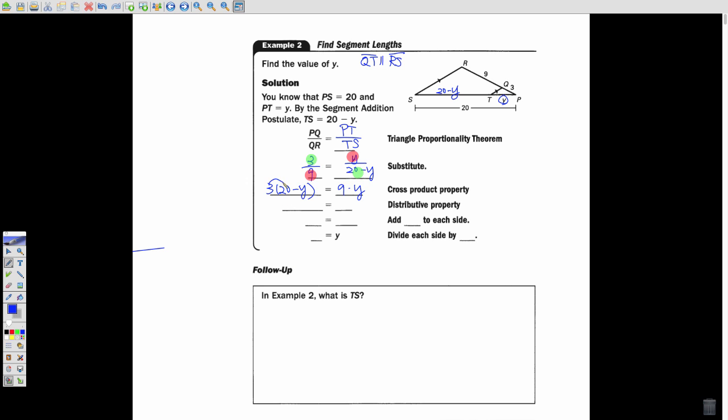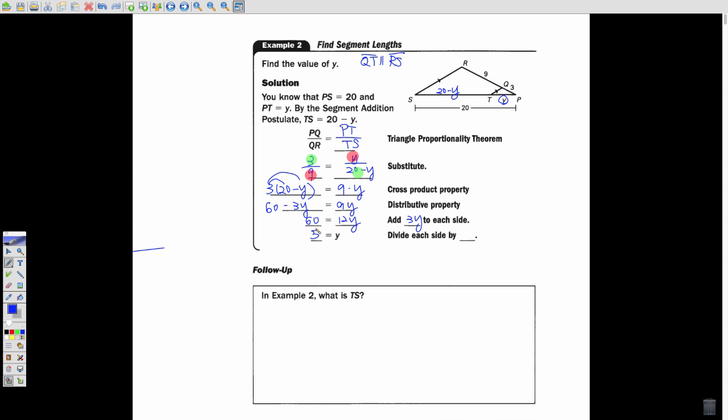If you do your distributive property, you would have 3 times 20 is 60 minus 3 times y should equal 9y. And then if you add 3y on both sides, you should have 12y equals 60, and y comes out to be 5.